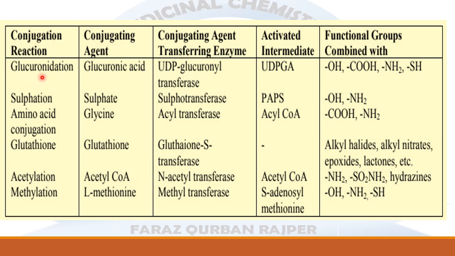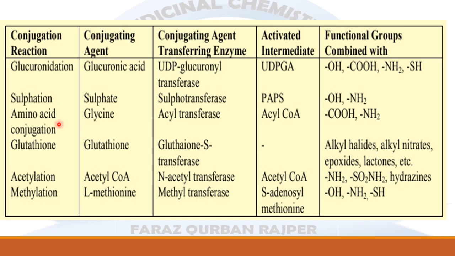First, glucuronidation will occur. The conjugating agent will be glucuronic acid. It will be activated by the UDP glucuronosyl transferase enzyme, and the activated intermediate we have discussed is UDPGA. And this type of conjugation reaction will occur in all those drug molecules in which hydroxyl, carboxylic acid, NH2 amino or SH sulfhydryl groups are present.